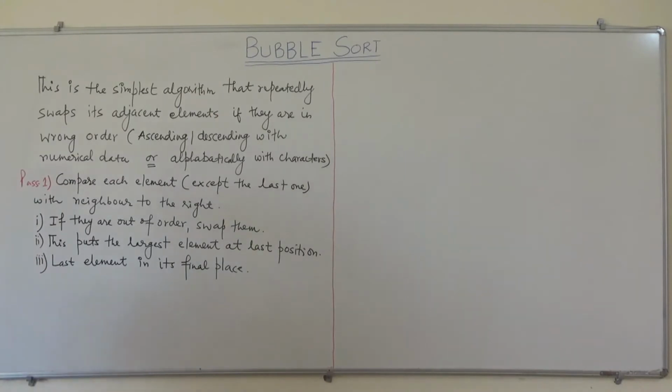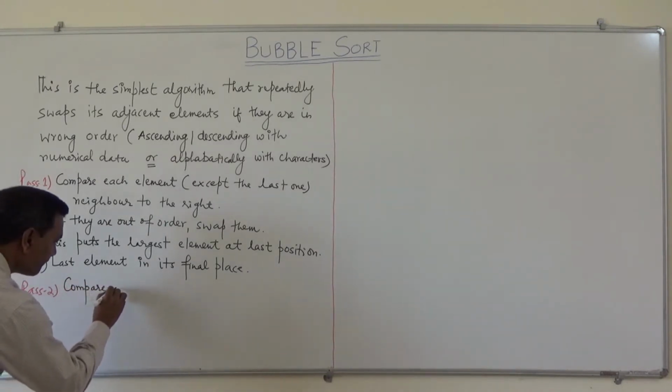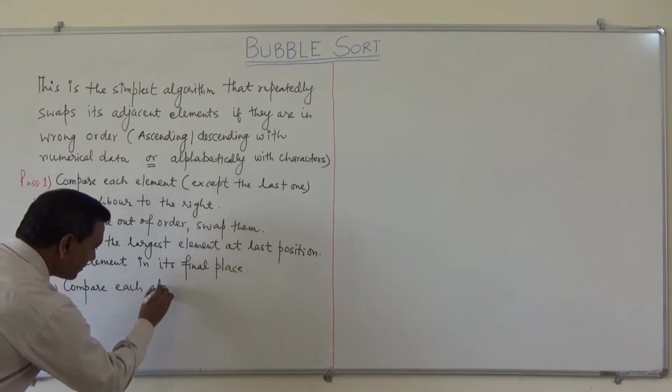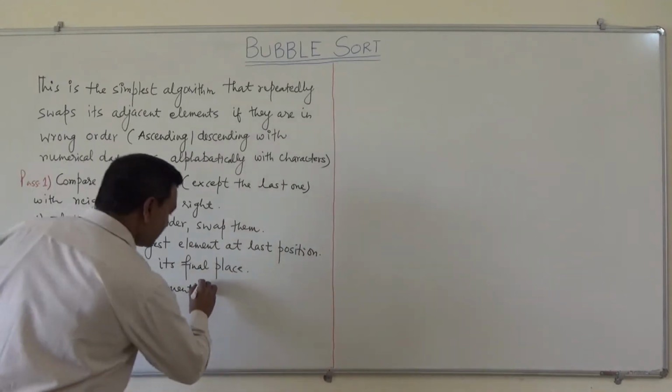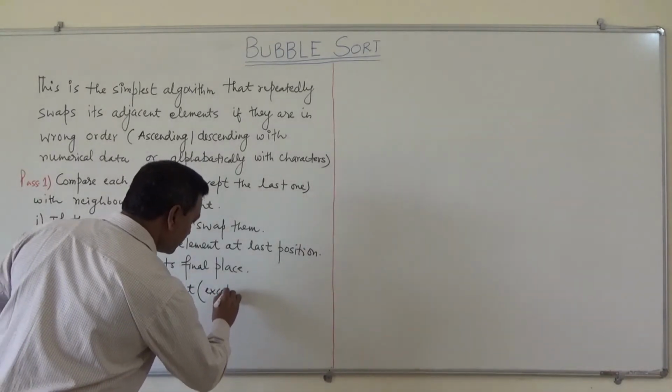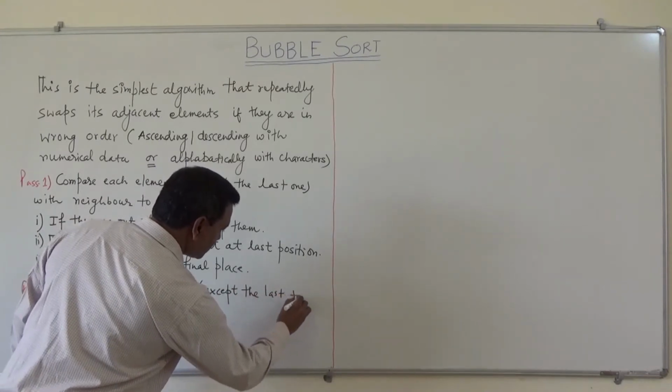Now we will see pass 2. This is also similar to pass 1 but with a few changes. In this, compare each element except the last two.